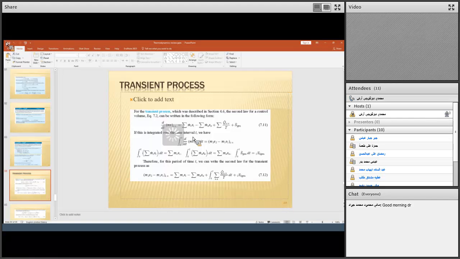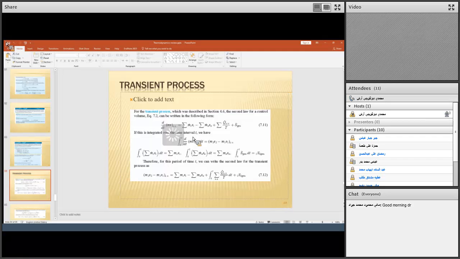And the second term, the integral between 0 and t of the summation of mass flow rate at exit times entropy dt, is equal to the summation of m_e s_e, meaning that when mass goes out of an outlet, entropy decreases due to the exit. And the last term, the integral of the rate of entropy generation, equals the entropy generation between state 1 and 2.